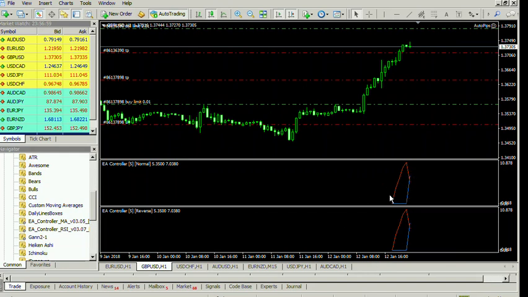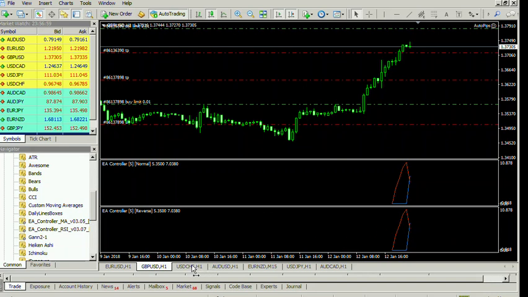It's purely a graph of the closed profit and loss, in other words, the balance of the account versus the blue line, which is the moving average of that performance curve. They're both the same because they're measuring the performance of the same EA. But this one, the normal one, will be linked to the trade manager for the normally copied trades, and this one will be linked to the trade manager for the inverted copied trades.